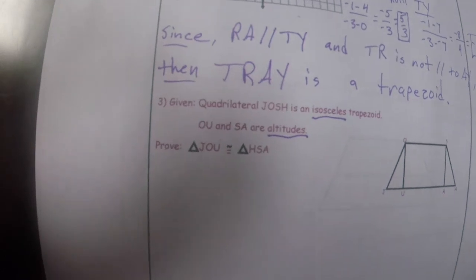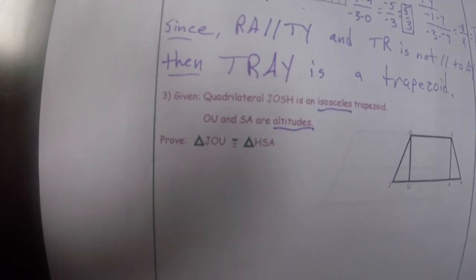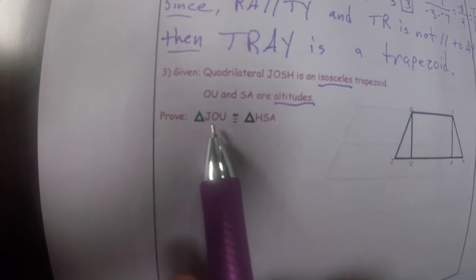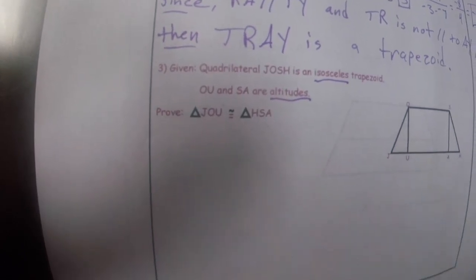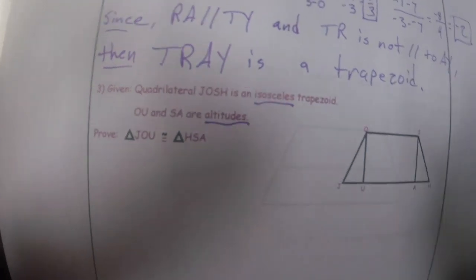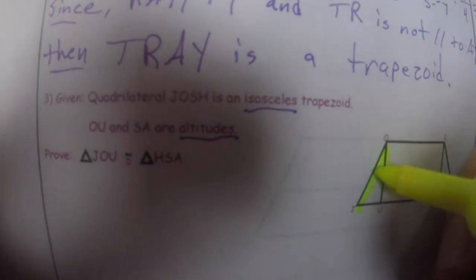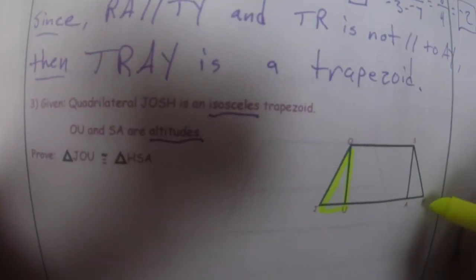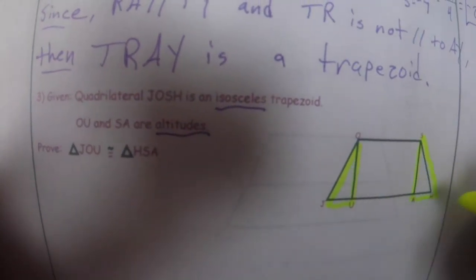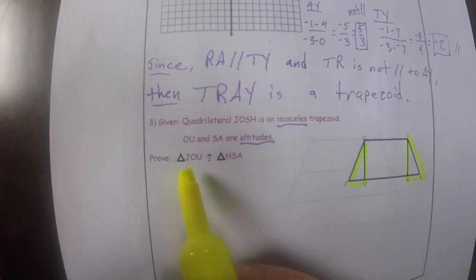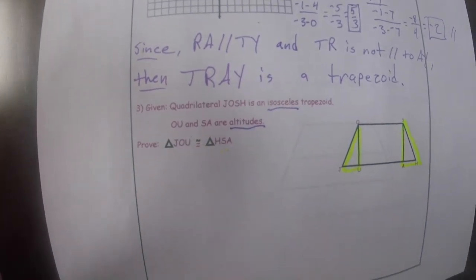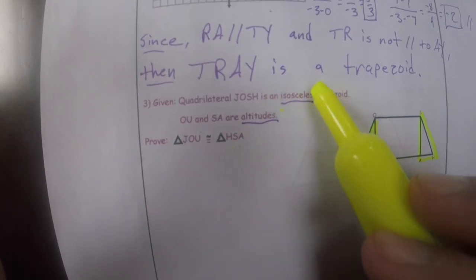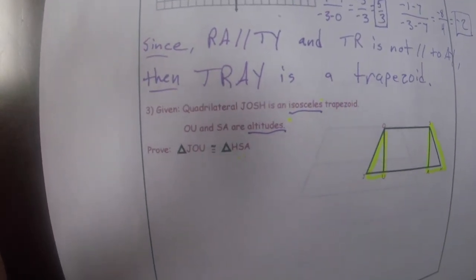We are definitely going to need to know what those mean if we are going to prove that the triangle JOU is congruent to HSA. If I'm going to prove that these two triangles are congruent, I definitely am going to need to know what altitude and isosceles means.